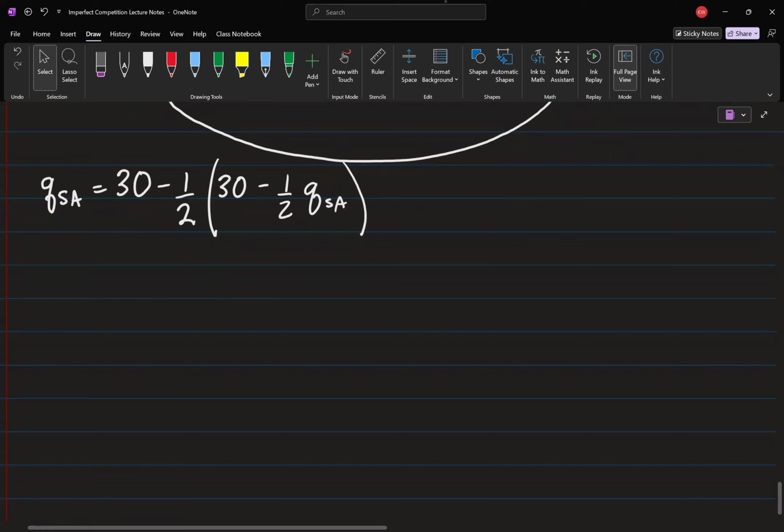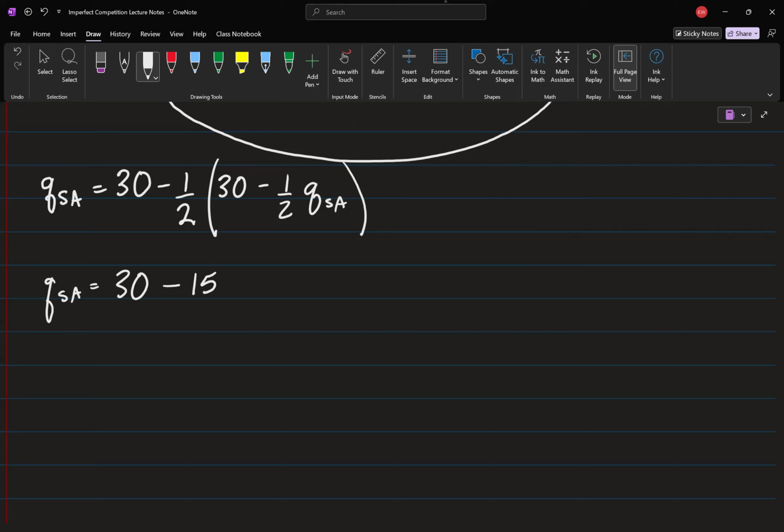From here, we're going to simplify. So we're going to distribute this -1/2 into our parenthetical. That's going to give us the quantity produced by Saudi Arabia equal to 30 minus 15, right? -1/2 times 30 gives us -15. And then we'll have -1/2 times -1/2. That gives us +1/4 times the output of Saudi Arabia.